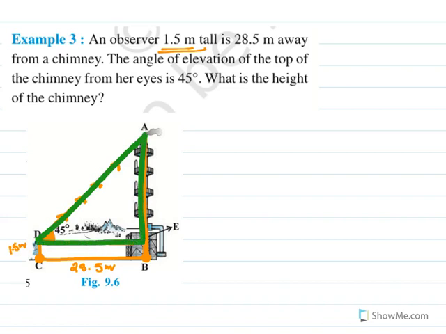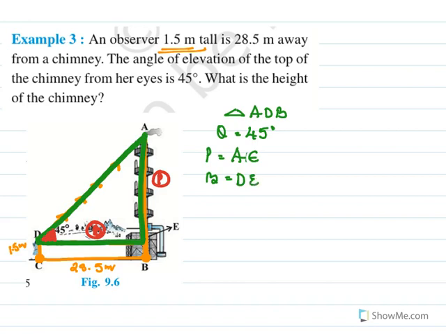In this triangle we have the angle 45, and here is the perpendicular and this is the base. Theta is 45 degrees, AE is the perpendicular, and the base is DE.